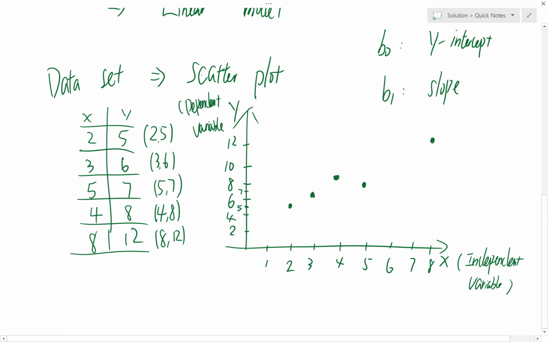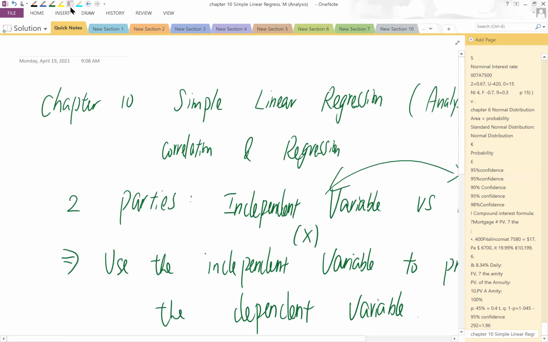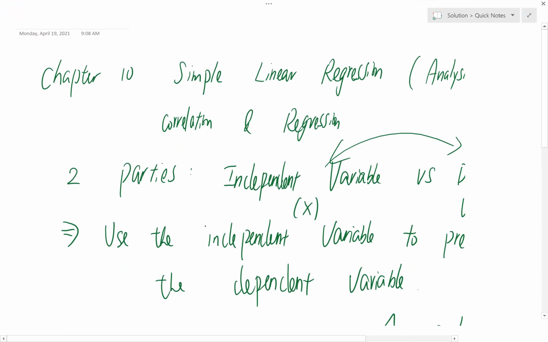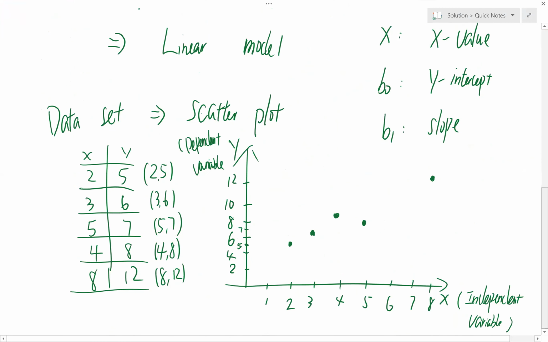If you look at this scatter plot, let me use a different color so you can see the comparison. Just by looking at the scatter plot, when the x value increases, it looks like the y value increases. So x increases, then y increases.